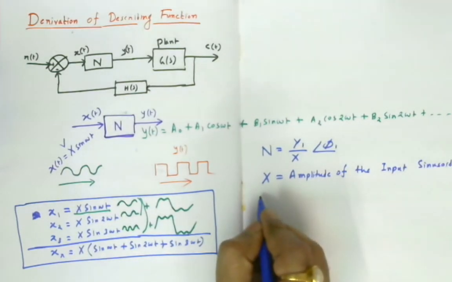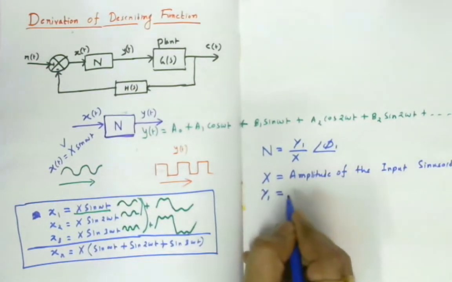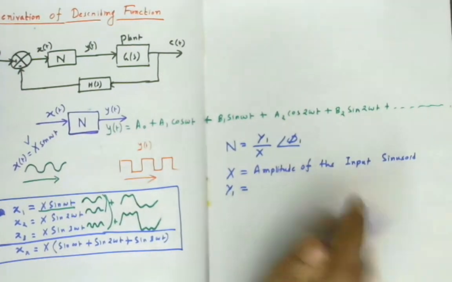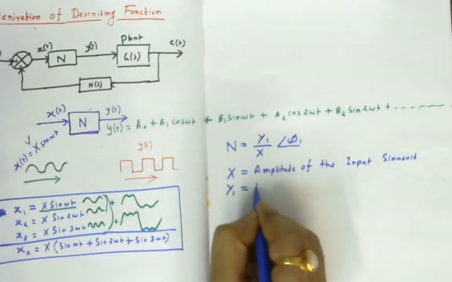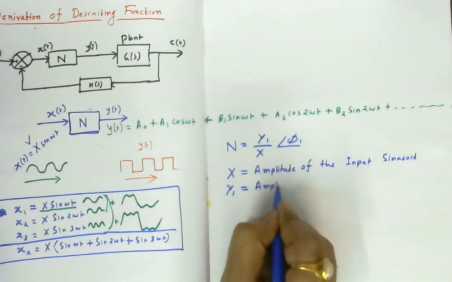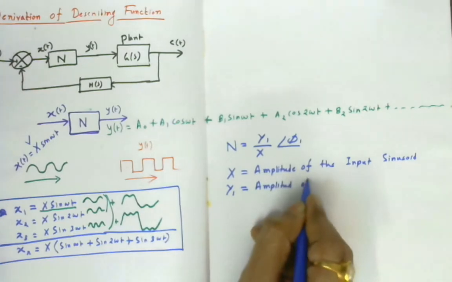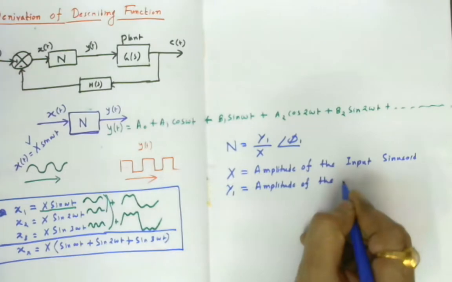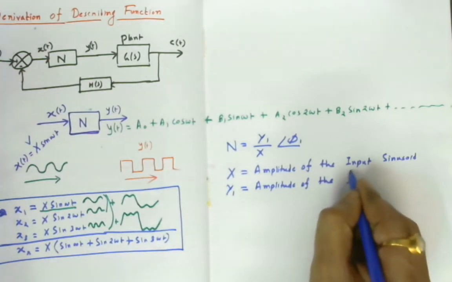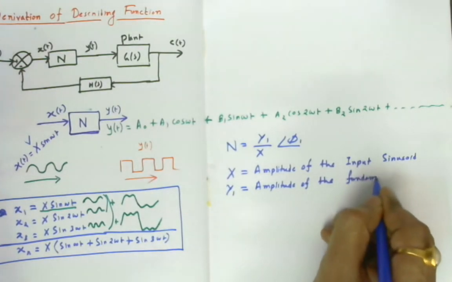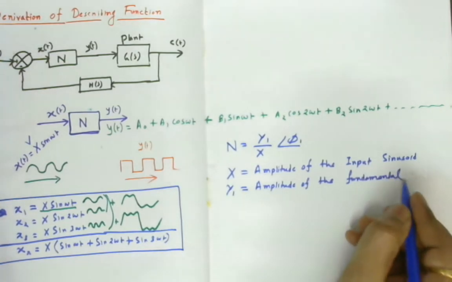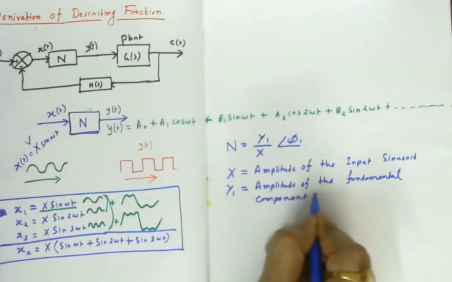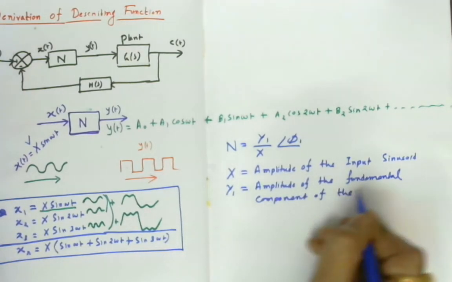What is Y1? Y1 is the amplitude of the fundamental component of the output.